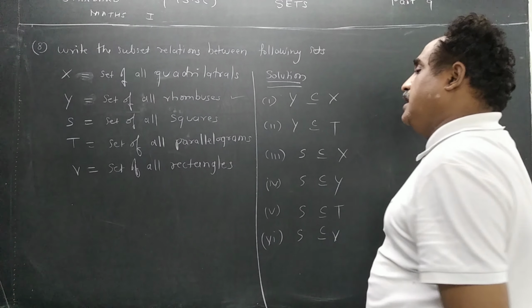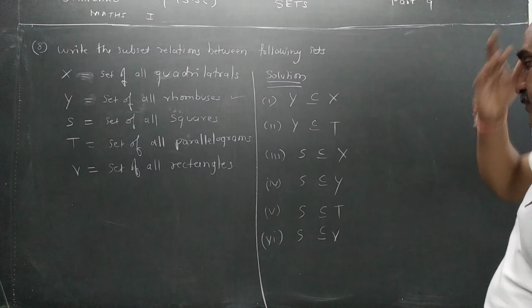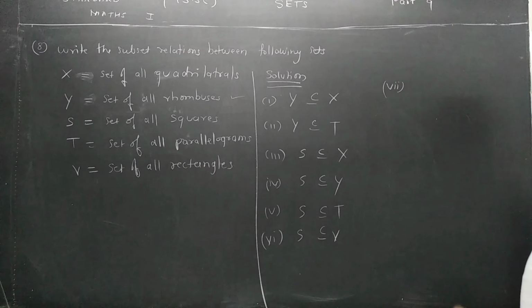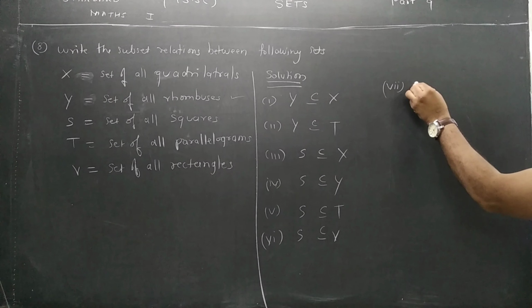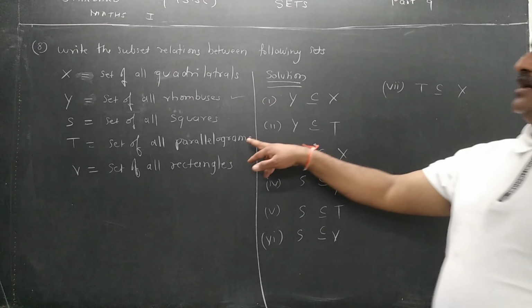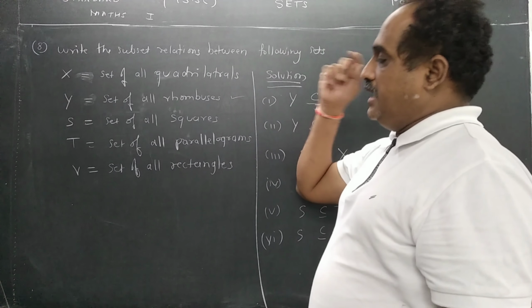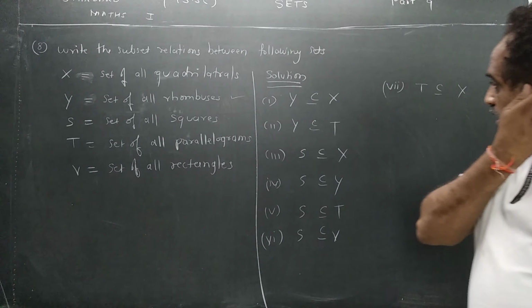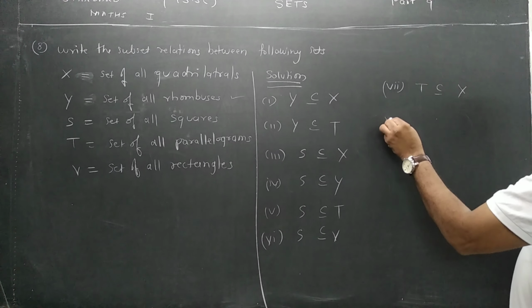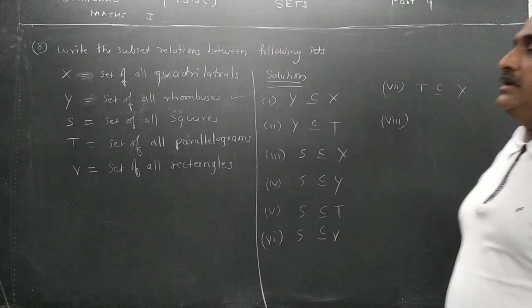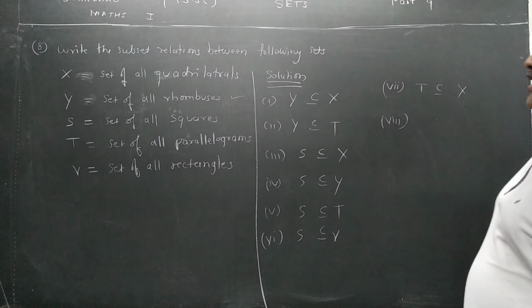Come to this. What you can say about the T? That is question number 7. You can write T is a subset of what? X. तो होना ही है. Parallelogram is a quadrilateral, like this. So come to the last question now. और कुछ हो नहीं सकता because उसके ऊपर एक ही था ना. Parallelogram के ऊपर एक ही quadrilateral था. What about rectangle?